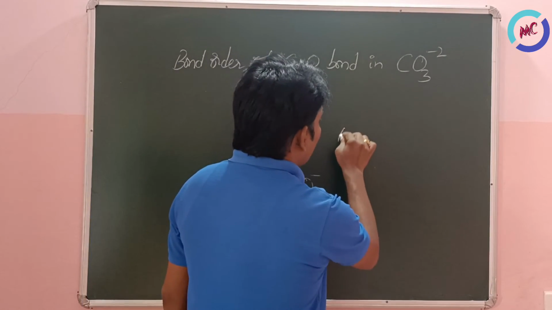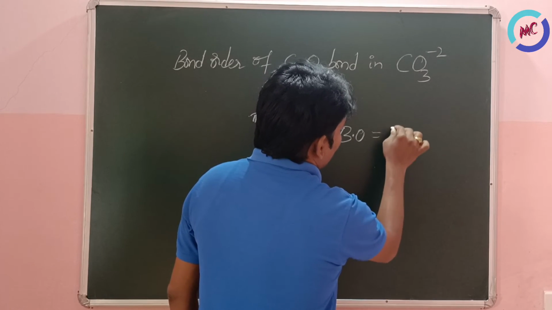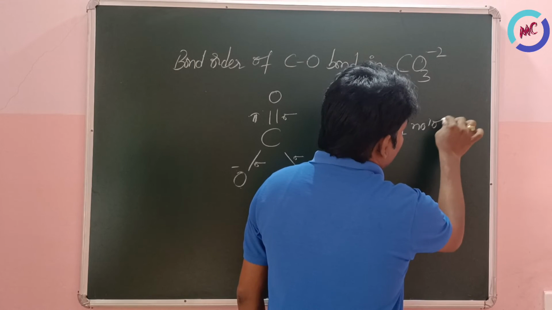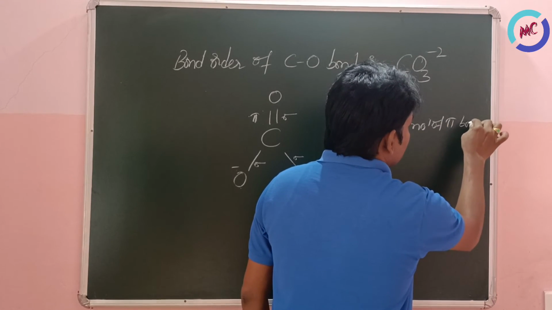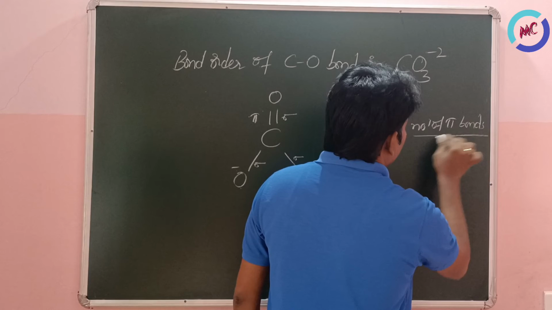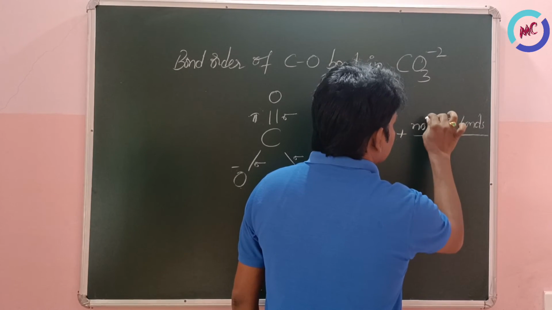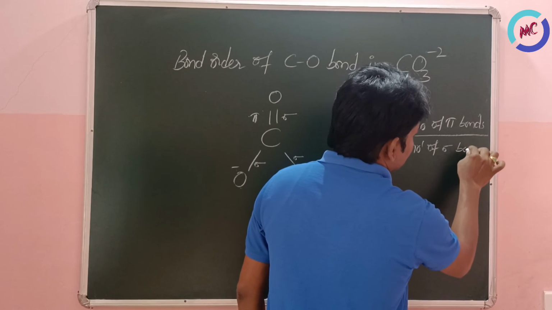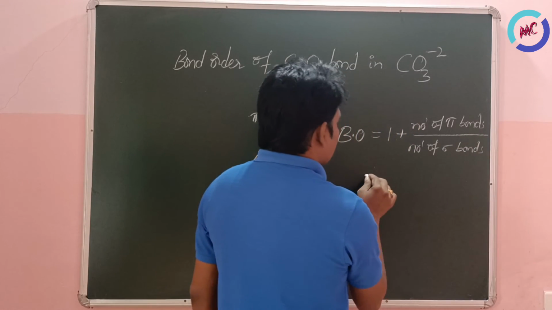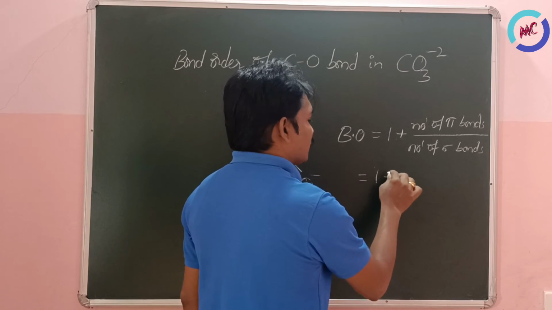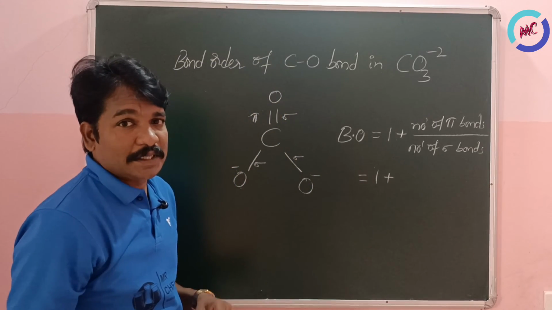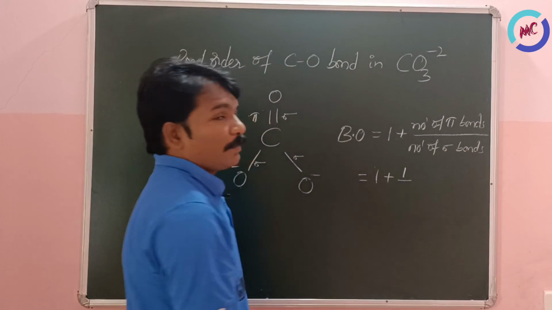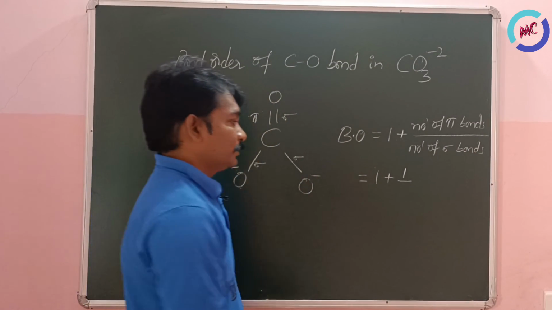Bond order is equal to 1 plus number of pi bonds divided by number of sigma bonds. 1 plus how many pi bonds are there? 1, by number of sigma bonds 1, 2, 3.